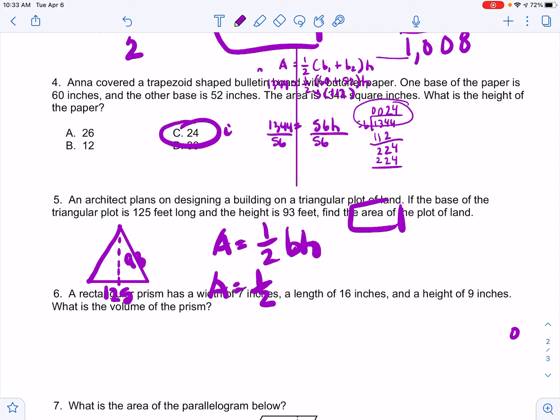Area is equal to half of 93 times 125. Oh, not 98, 93.